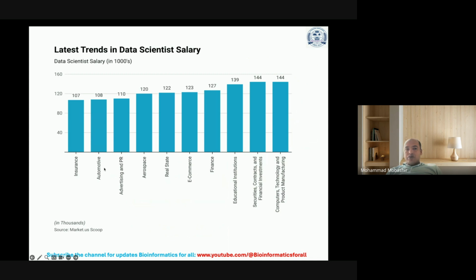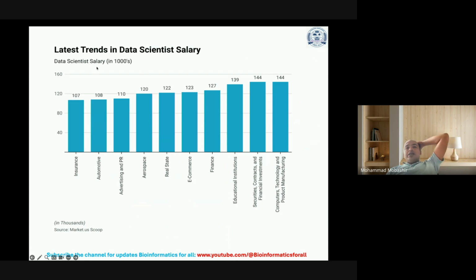Then the automotive industry, advertising and PR, then further ahead, aerospace engineering, real estate, e-commerce, finance, educational institutions, securities, contracts, and financial investment, computers, technology, and product manufacturing.